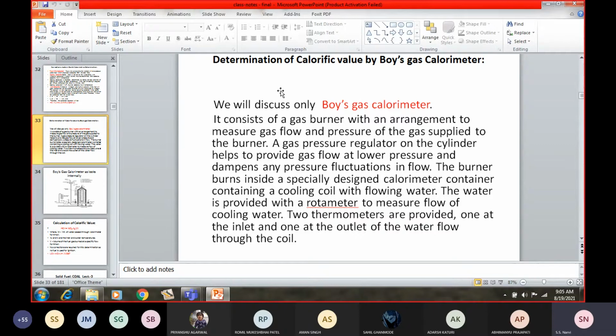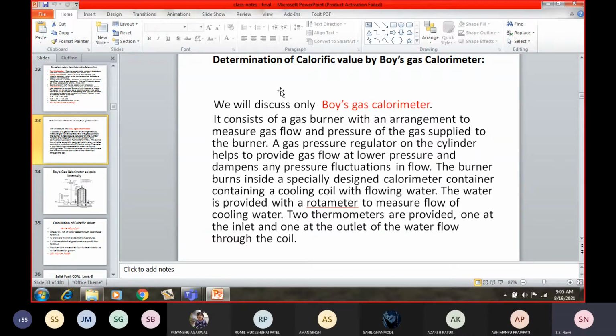That is why, whether from Bohm calorimeter or Boyle's gas calorimeter, you are getting higher calorific value or gross calorific value.